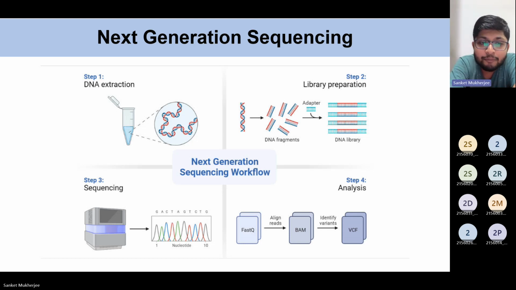Steps 1 to 3 are one headache. Step 4 is another level of headache, requiring a lot of computational skills. This is the basic workflow common to all next generation sequencing, even third generation sequencing, which we'll be talking about. So, clear on that? Yes, sir.